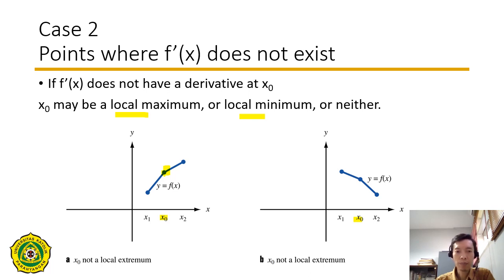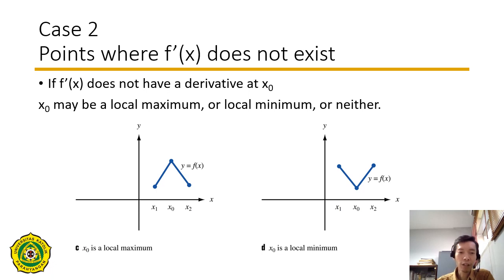Because if we do maximization, just after this point there is something better. In the example on the right, if we do maximization and our point is x0, just before that point we have another point that gives a better function value. So these are not local extremum.